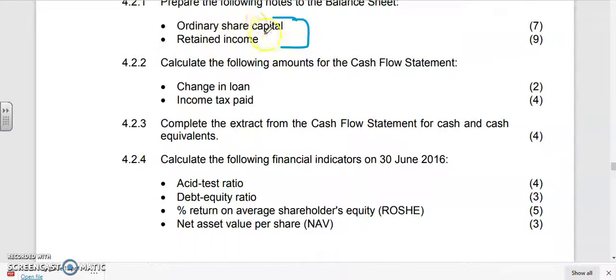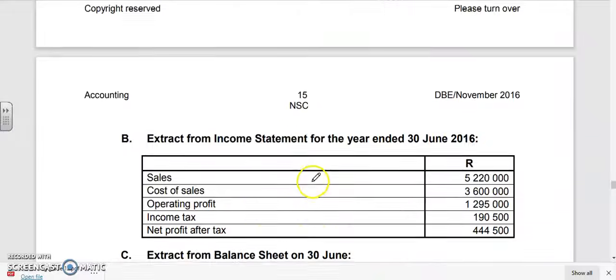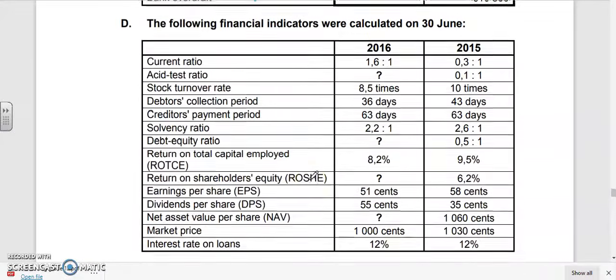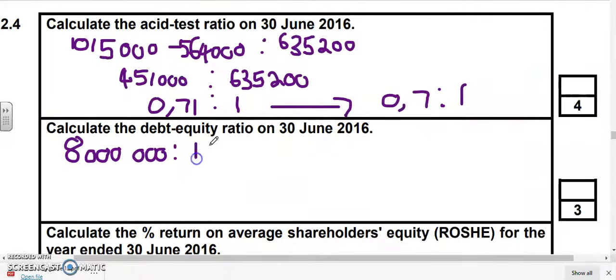I'm going to do videos on this, showing you how to calculate, but for now we're just focusing on ratios. They did give us the shareholders equity, which is 10,050,750. When they say ratio, the right hand side is 1.